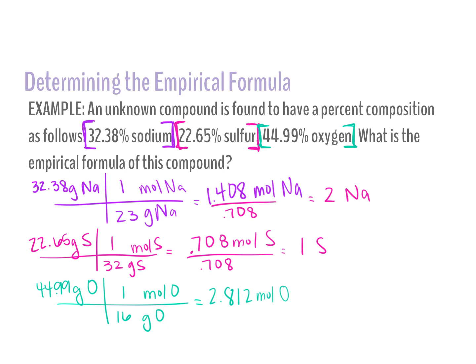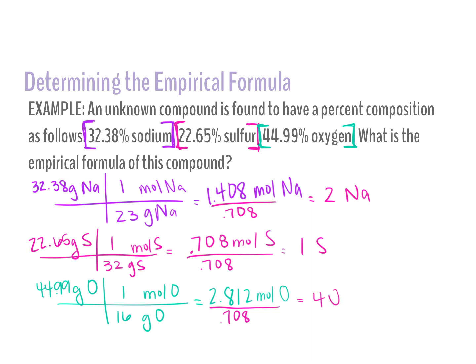Okay, in this step of dividing by the smallest number of moles, this should give us a nice pretty ratio, usually a whole number ratio. And so I'm also going to do it down here on the bottom, 0.708. This gives me 3.97, so what am I going to round that to?